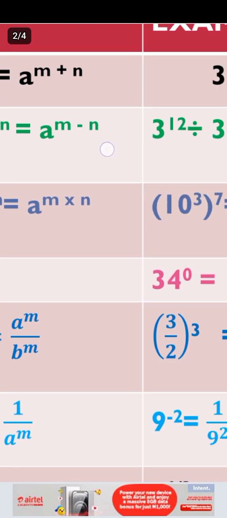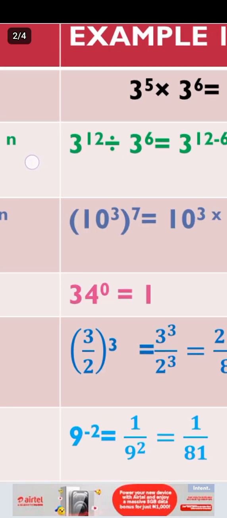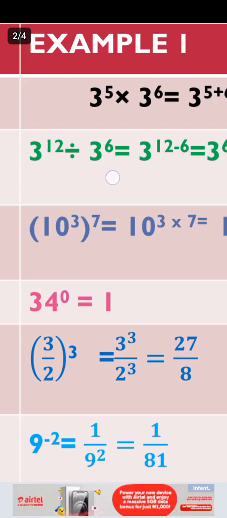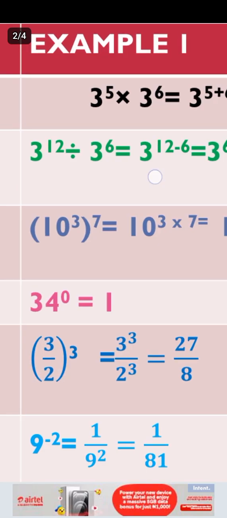For example, which is example 1 here, we have 3 raised to the power 12 divided by 3 raised to the power 6. In this one, the bases are the same. The base is 3 and the index is 12, divided by 3, the base, raised to the power 6.